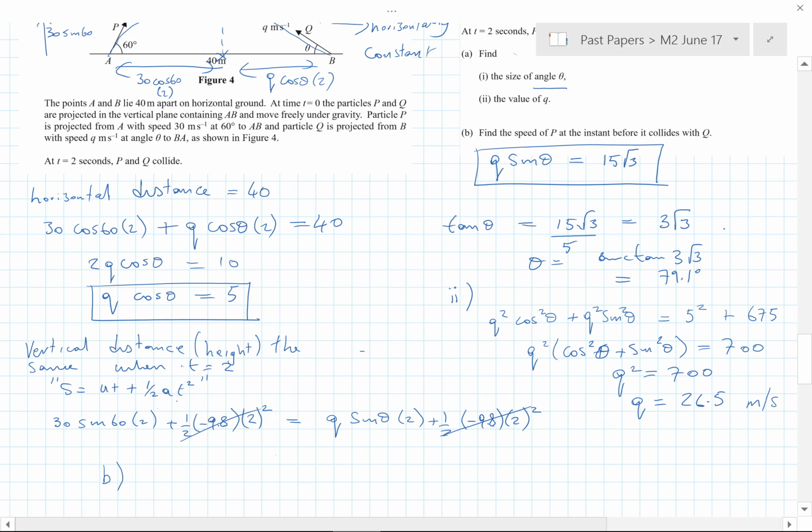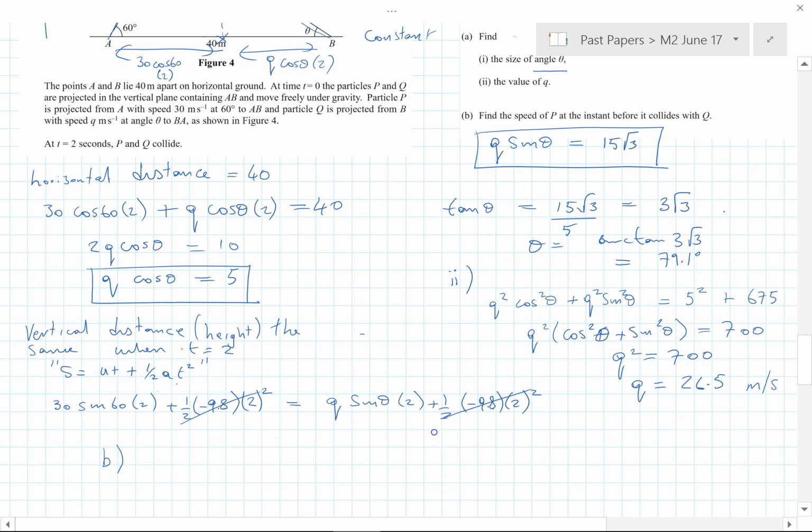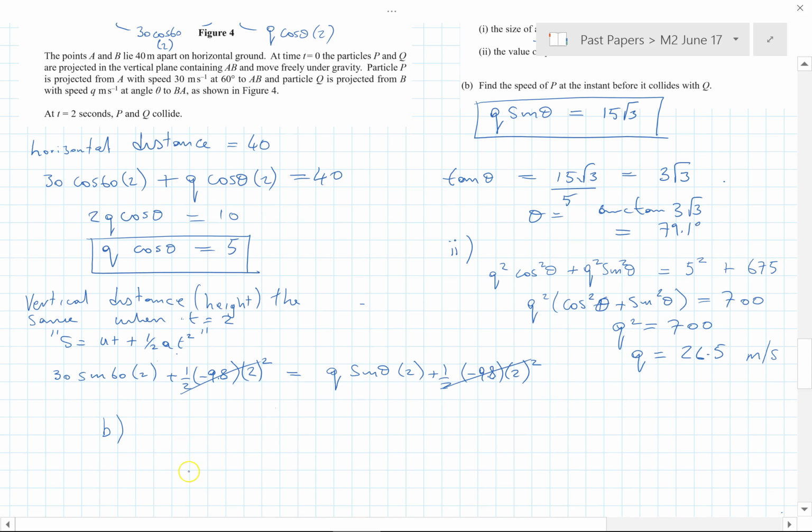Part B talks about the speed at which it collides. In other words, the speed after t equals 2, and it's talking about the velocity of p, not q, probably because they know that you know p, so it's going to be easier to mark. We've still got the horizontal component after 2 seconds.